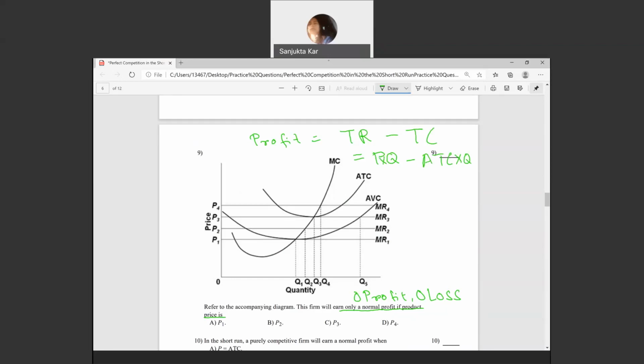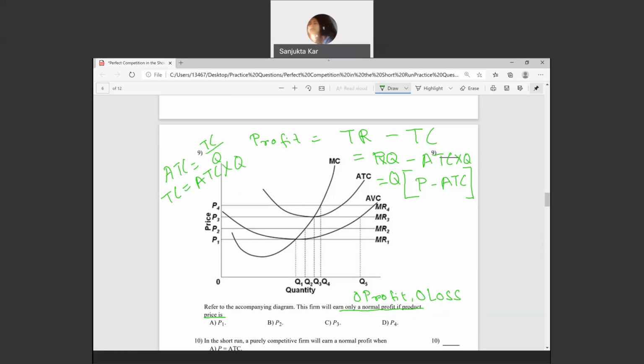I can take this quantity out here, and I would highly recommend all of you to check these formulas from the chapter on cost and production, the formula for total cost. Because average total cost is total cost over output, that's why I wrote down total cost is average total cost times output.